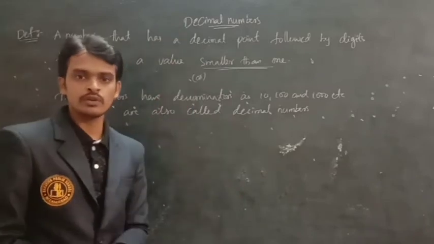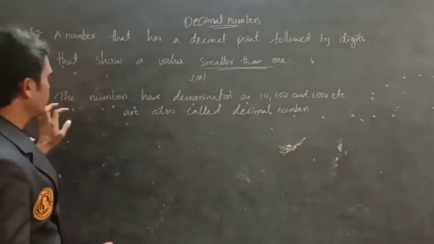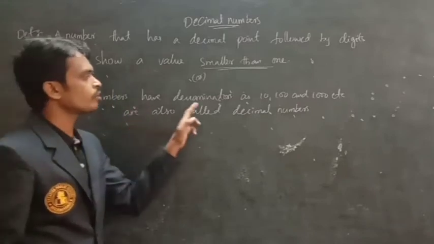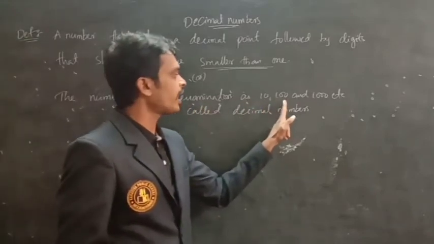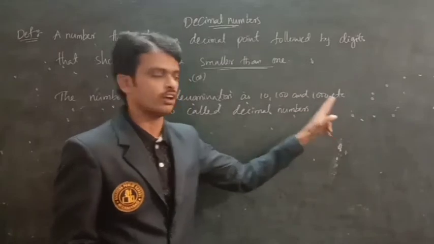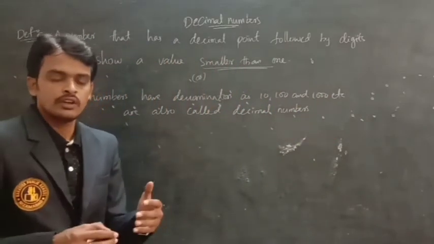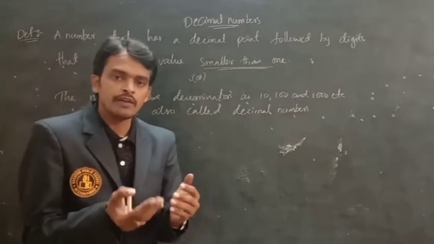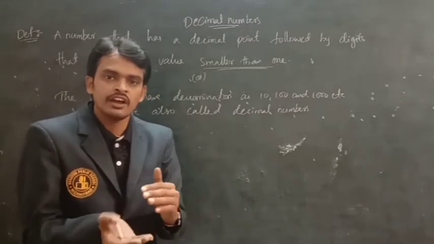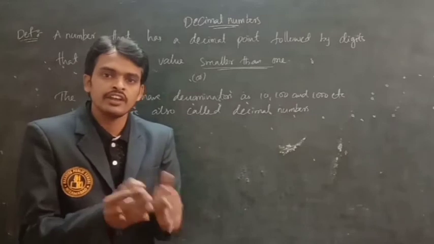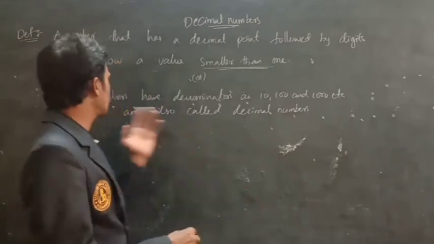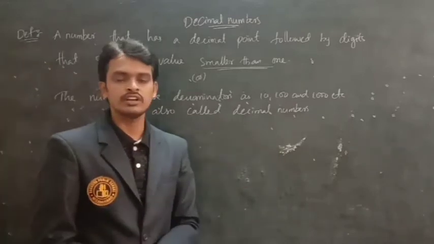One more type we will also define: numbers that have denominators as 10, 100 and 1000 etc. are also called decimal numbers.